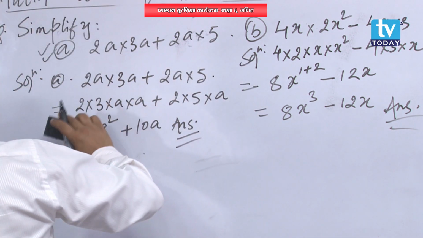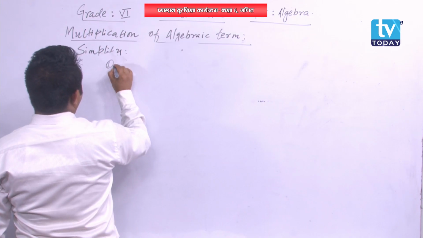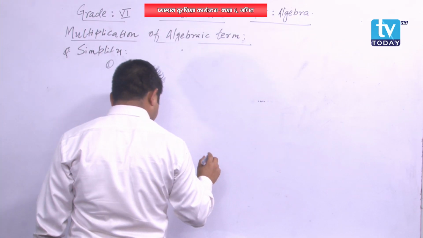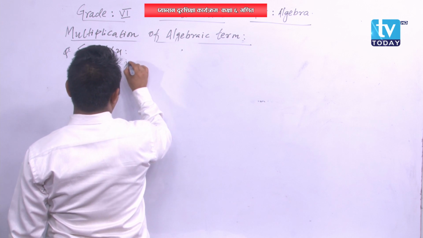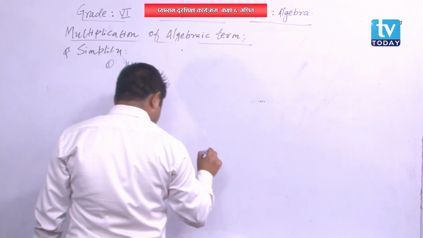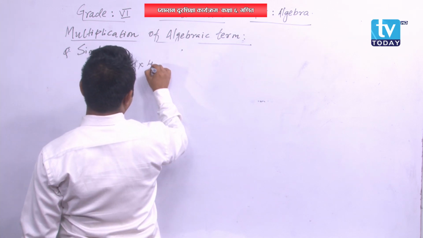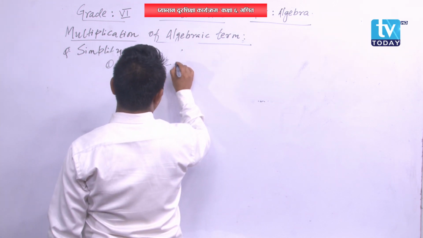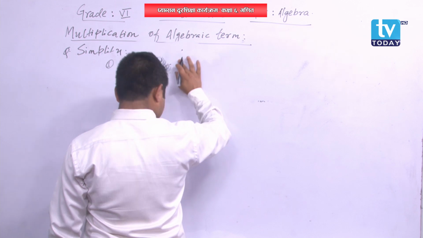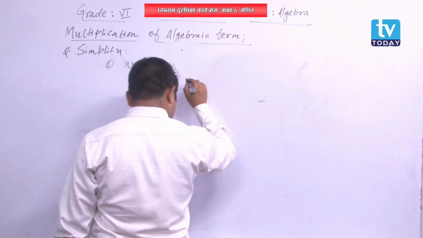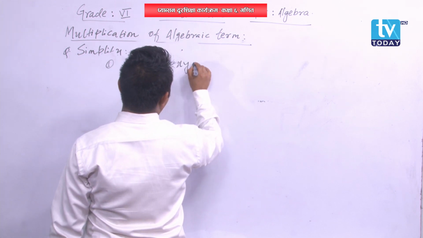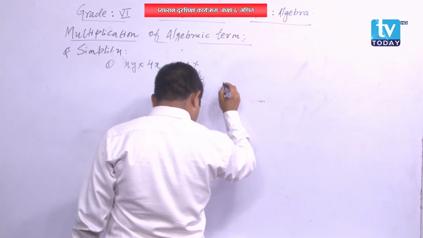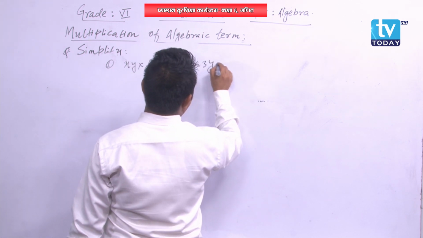Now let me write some questions. Question 1: xy into 4x minus xy into 3y.